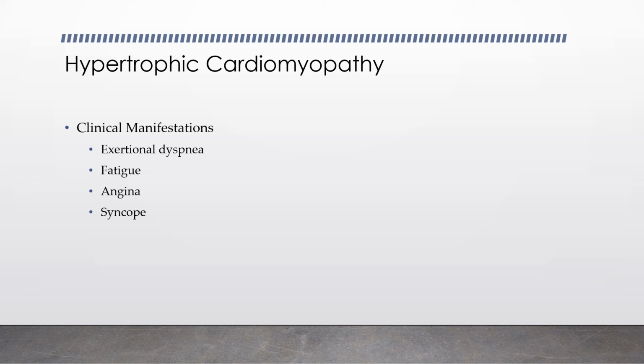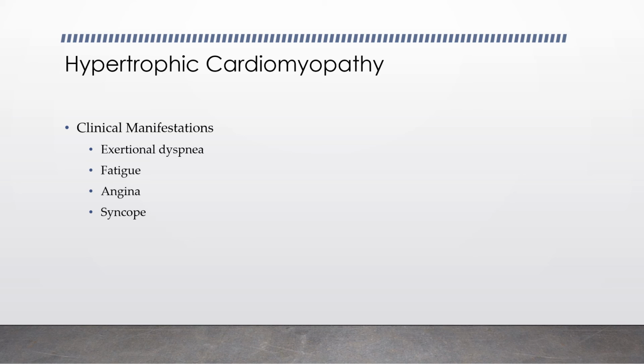So if I did have some clinical manifestations, I could have exertional dyspnea. I get very fatigued with activity if I had this, because I have a decreased cardiac output, especially with activity, right? I have this enormous heart muscle that is demanding all of this oxygen and blood flow that it's difficult to maintain.